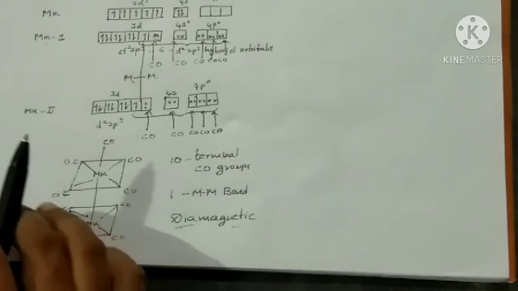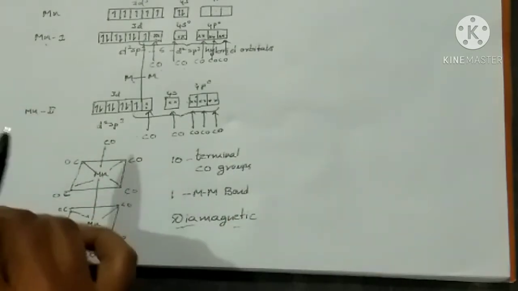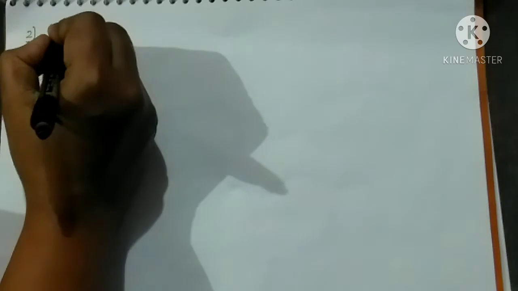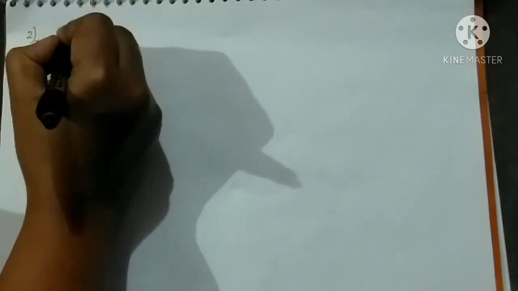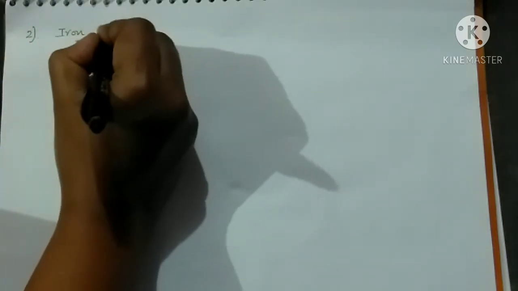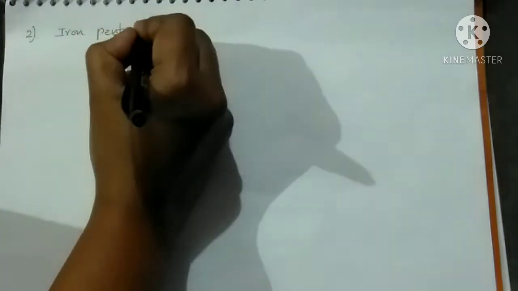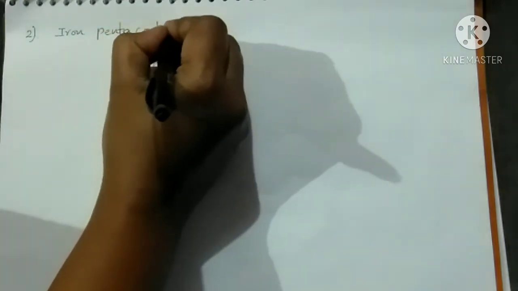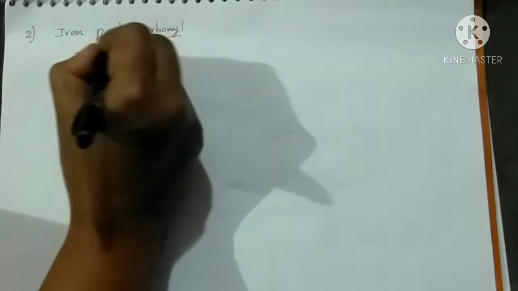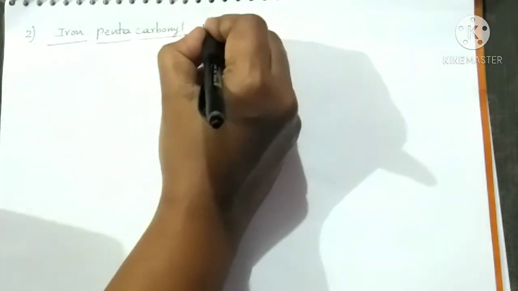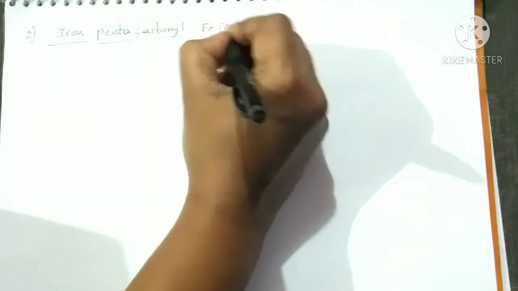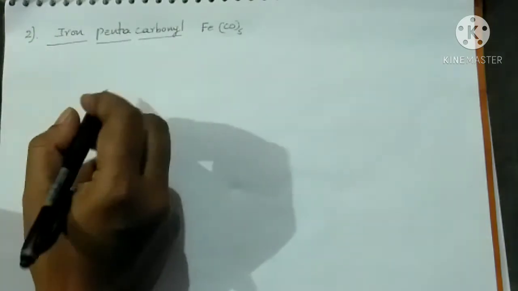The next one we see is from iron metal carbonyls. The second one is iron pentacarbonyl, Fe(CO)5.